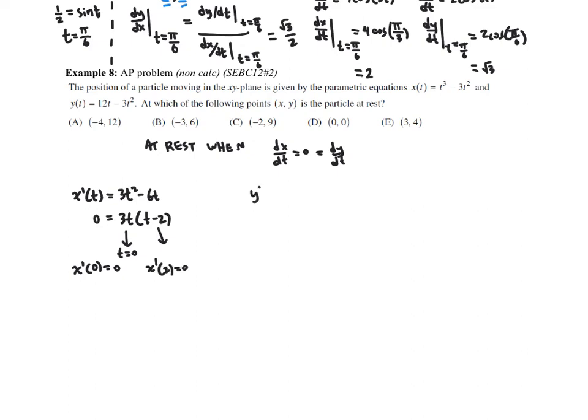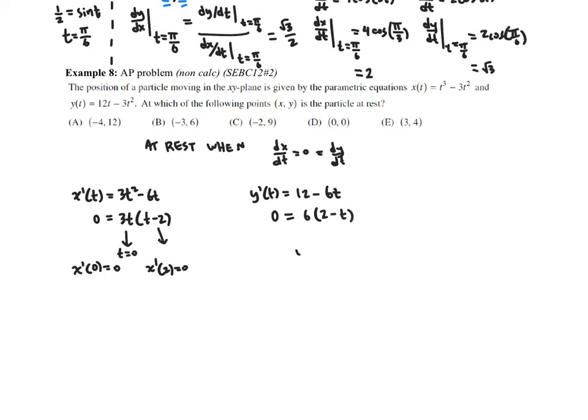Okay, let's look at y prime. Y prime at t, or the change in y with respect to time, would be based on the following function, 12 minus 6t. So if I set that equal to 0 and factor out a greatest common factor, I'm going to take a 6. That would be 2 minus t.